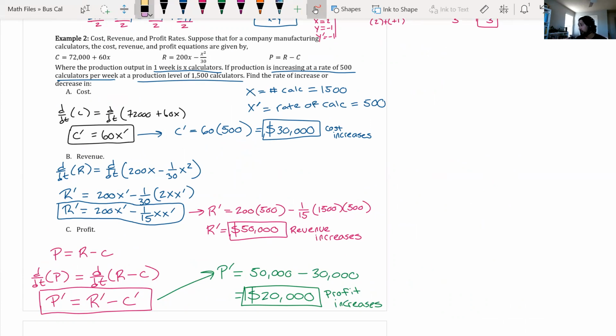We're trying to produce 1,500 calculators per week, but we know that if production is increasing at a rate of 500 calculators, then we want to find out what the rate of increase or decrease was for these functions. Cool, thank you. Okay, well, let's keep moving.